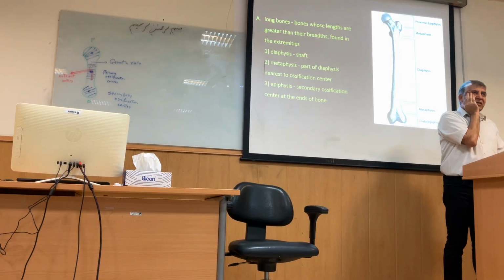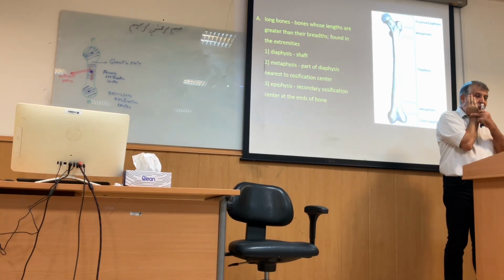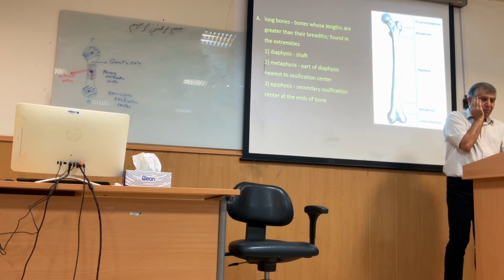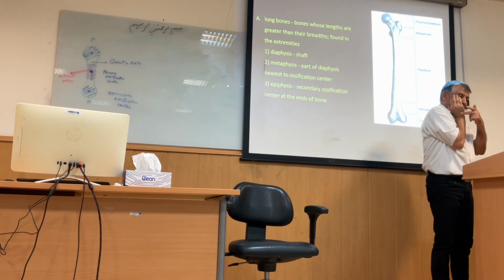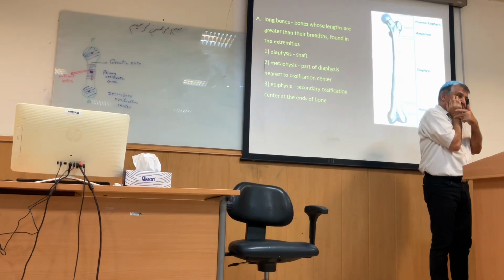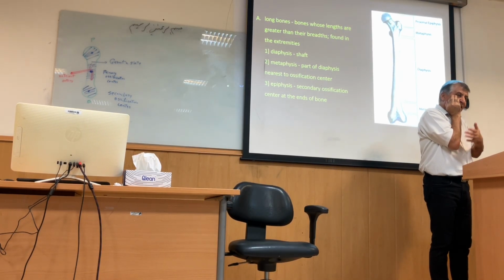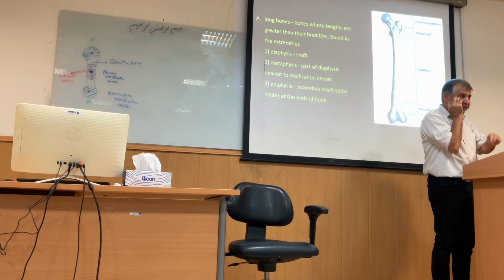Blood circulation in the upper limb bones is toward the elbow. Blood circulation in the humerus is toward the elbow. Blood circulation in the ulna and radius is toward the elbow. Okay? For this reason, the epiphyseal plate near the elbow is ossified earlier.